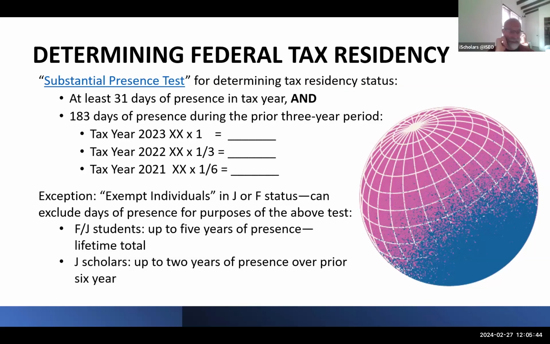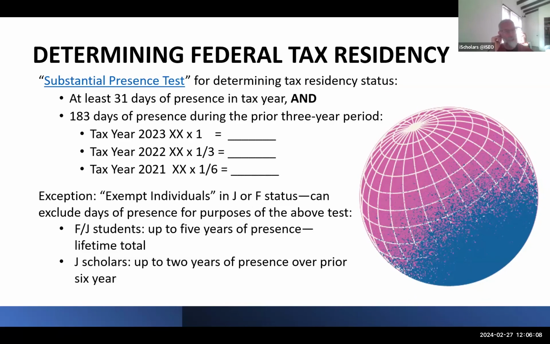However, there's an additional requirement, and that is having 183 days of presence during the prior 3-year period. So you would include all of the days present in 2023, then you count up the days present in 2022, and count up the days present in 2021.